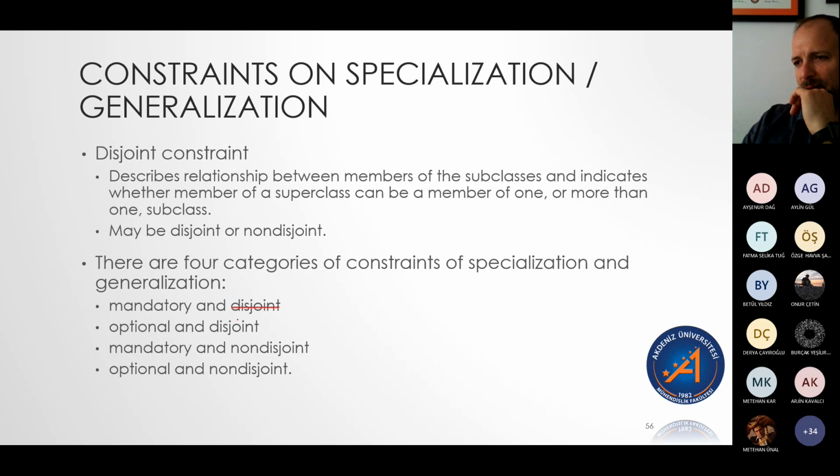I don't like disjoint as a word. It's not used in American English enough for me to feel like you need to know that. What I want you to remember is and or or. I want you to remember that it can be more than one member of a child class.